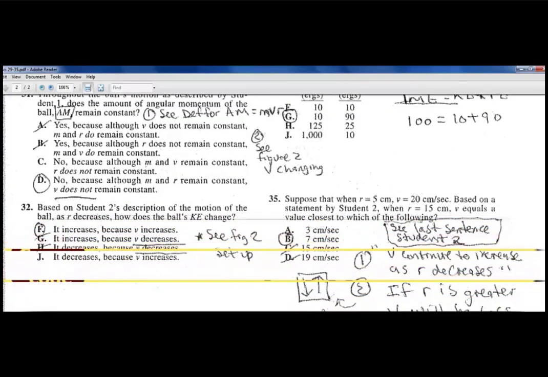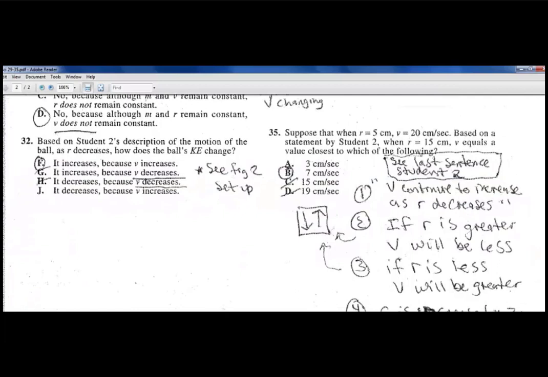Now let's write some stuff down. Remember that as R decreases, V will increase. So we'll just write this up here, R and V. Or another way to say that is, as the string increases, what do you think happens to the velocity?